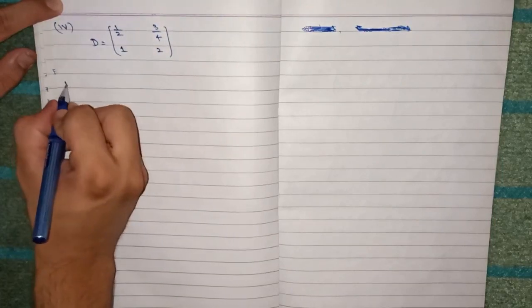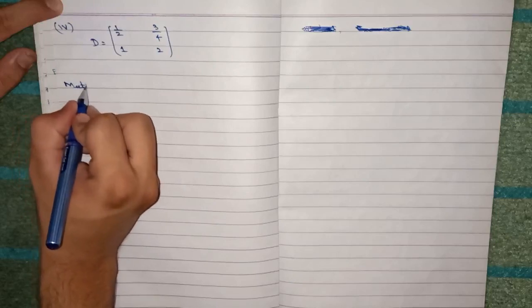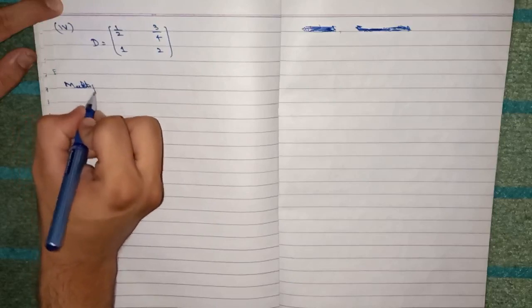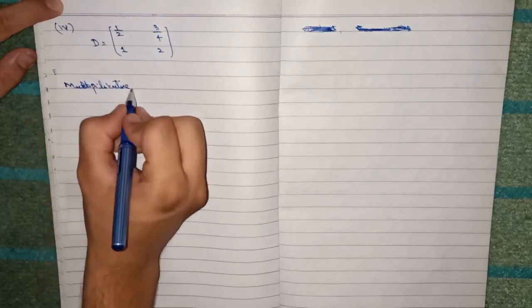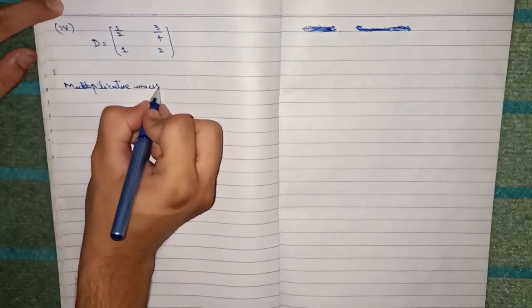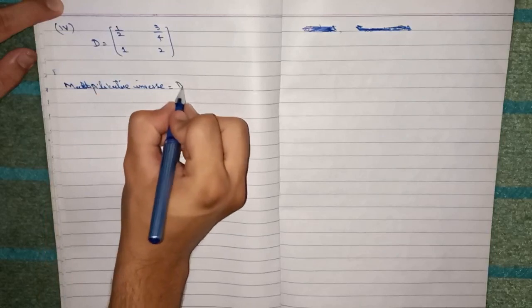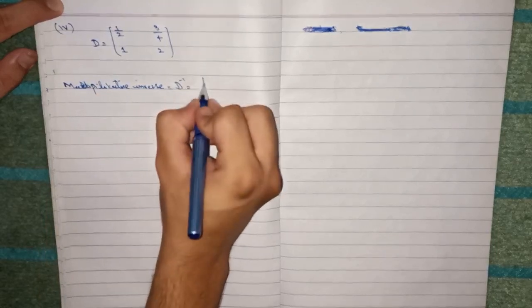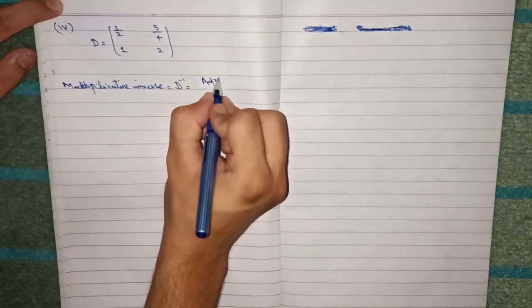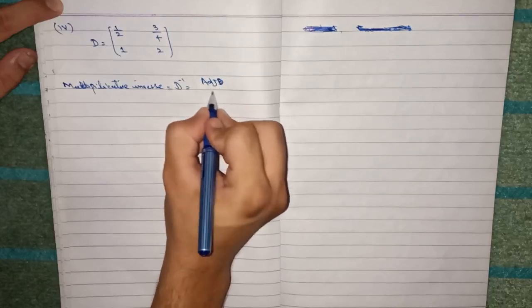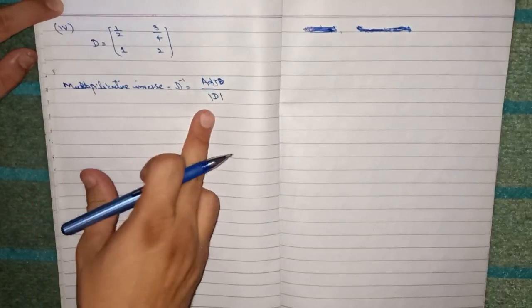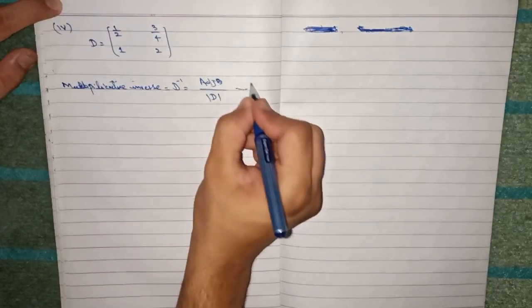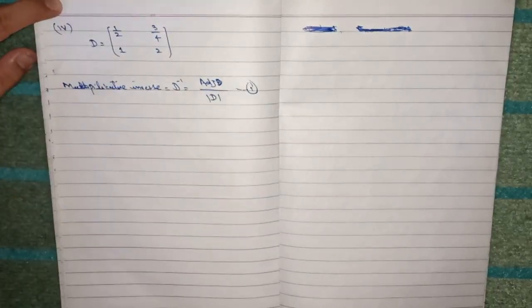Now the multiplicative inverse: D inverse is equal to the adjoint of D divided by the determinant of D. We will first find the determinant and then the adjoint of D, and put the values in equation number 1.